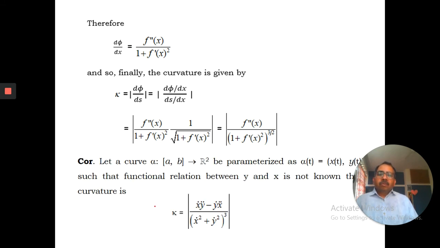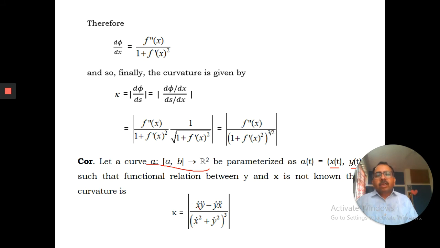A corollary to this formula is, suppose you don't know any relation between the x coordinate and y coordinate. You have a parameterization alpha whose x coordinate is this x(t) and y coordinate is y(t), and no relation between x and y is known. Then on substituting the values in this formula, we get a new formula which is x dot y double dot minus y dot x double dot over x dot square plus y dot square, to the power 3 by 2.